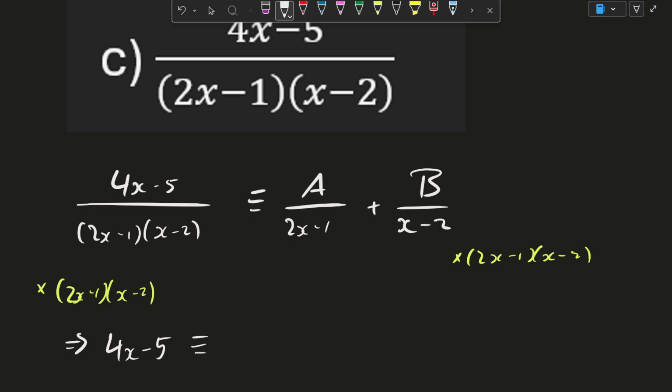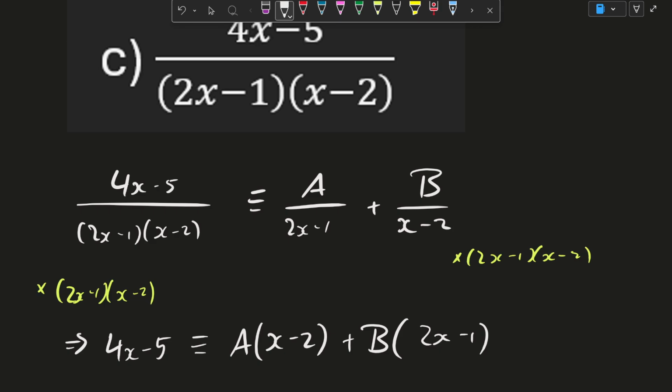We want that to be identically equal to a times, well, when we multiply across, the 2x minus 1 here and here are going to knock each other out, leaving us with an x minus 2, plus b, multiplied by, when we multiply across by this denominator again, the x minus 2's are going to knock each other out and leave us with a 2x minus 1.